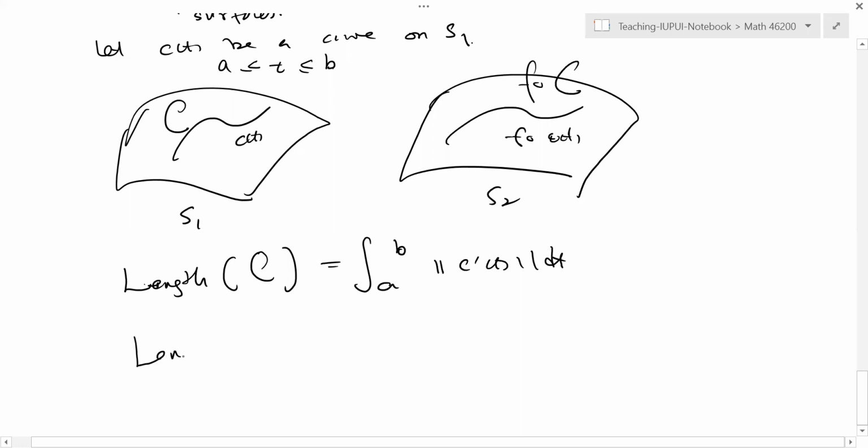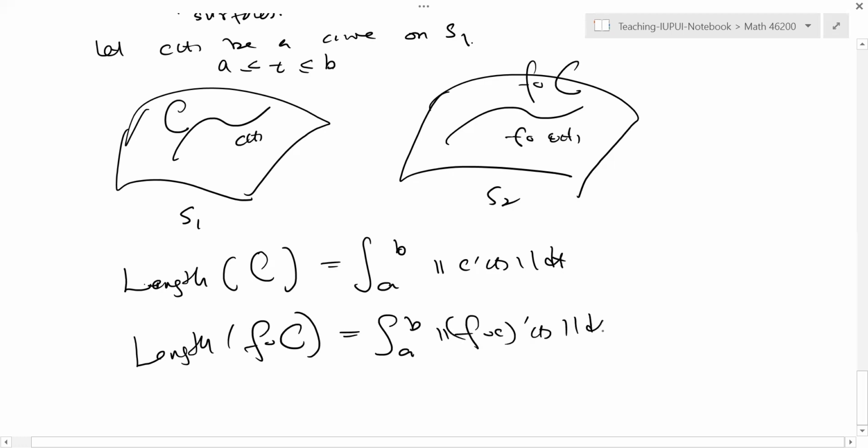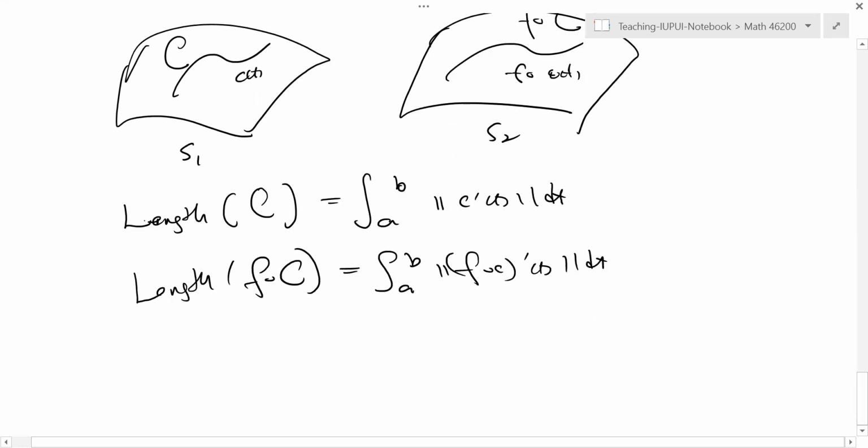Then the length of F circle C is also the integral of the norm of F circle C prime t dt. We want to show that these are equal, but this derivative is nothing but DF of C prime t from our formula.